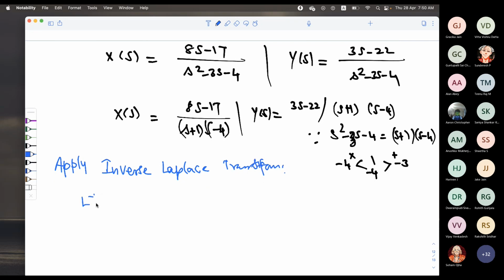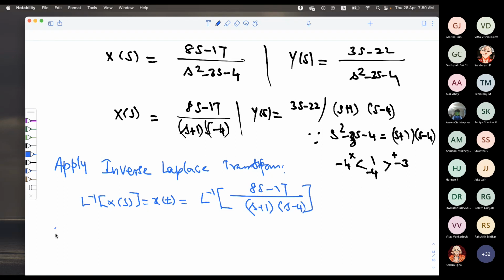So L inverse of X(s) means nothing but my solution X(t). So L inverse of (8s minus 17) divided by (s plus 1) into (s minus 4), and L inverse of Y(s) is my Y(t), the solution. So L inverse of (3s minus 22) upon (s plus 1) into (s minus 4).